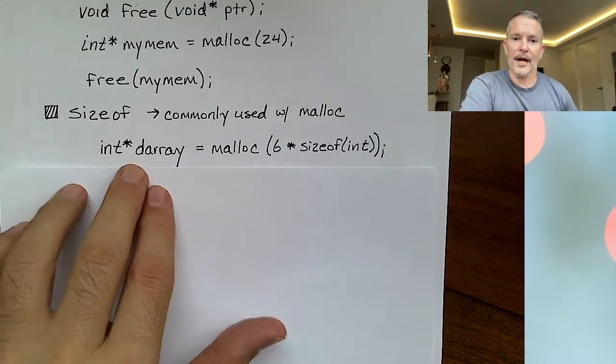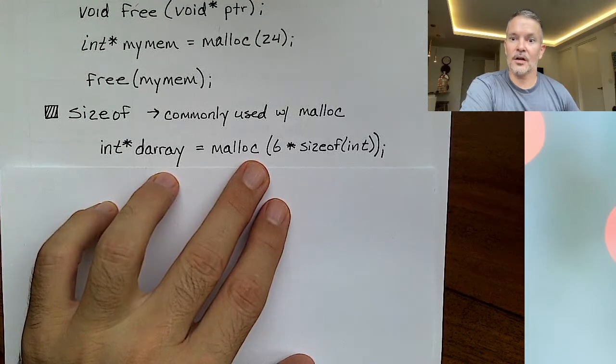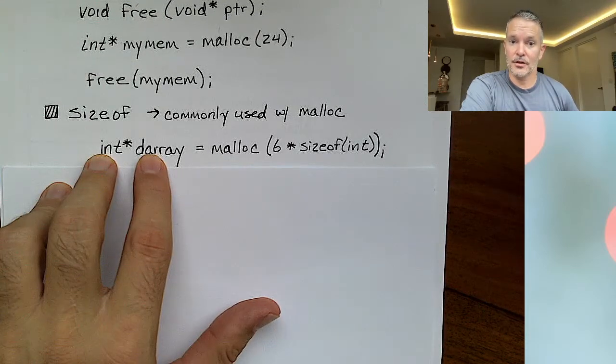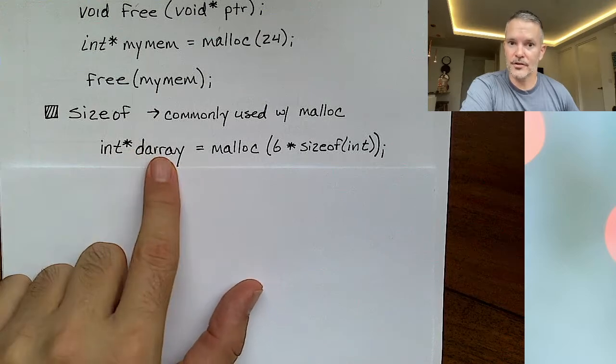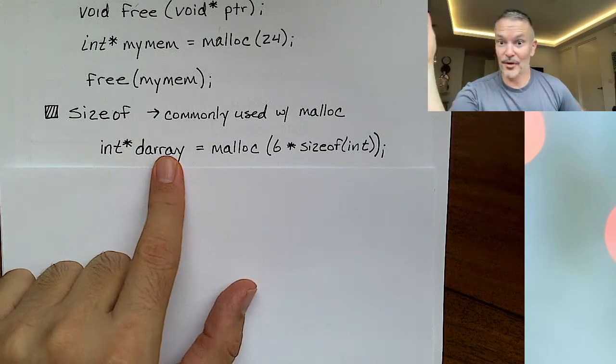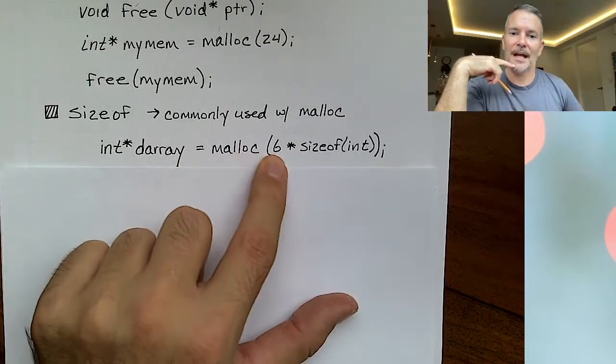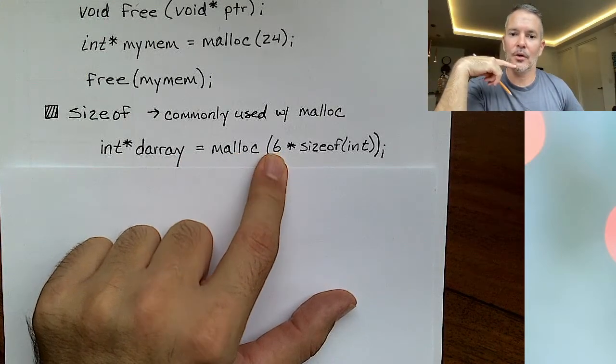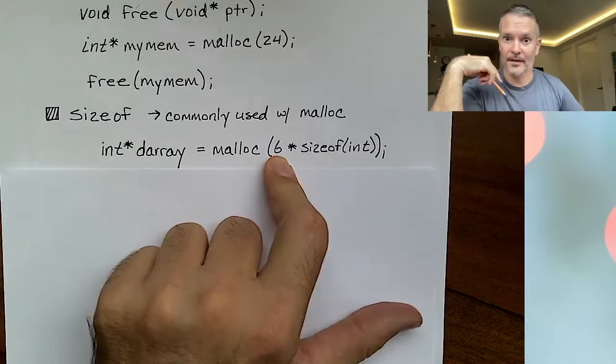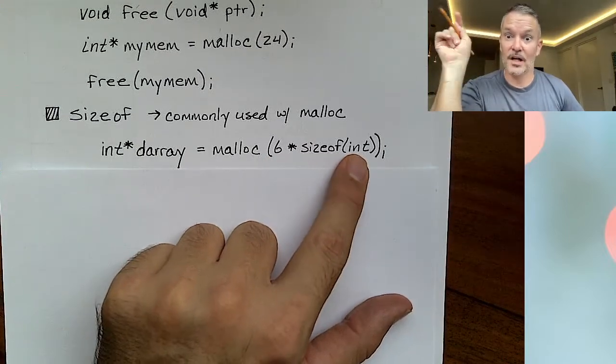So a more correct way to declare an integer pointer to an array of integers, which is just an area of memory that has enough space to hold multiple integers, is to call malloc and say, okay, I want my array to hold 6 times sizeof(int).